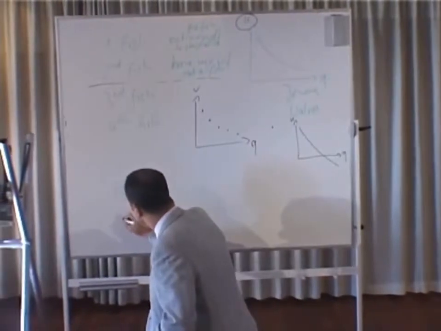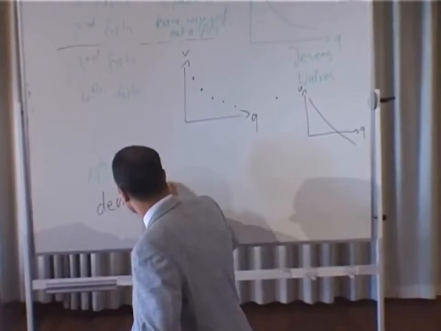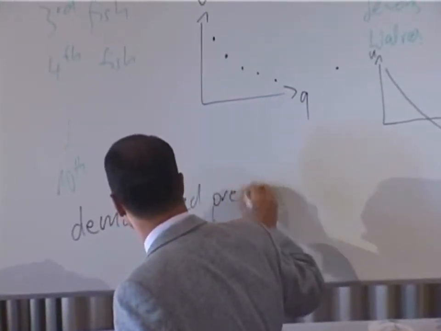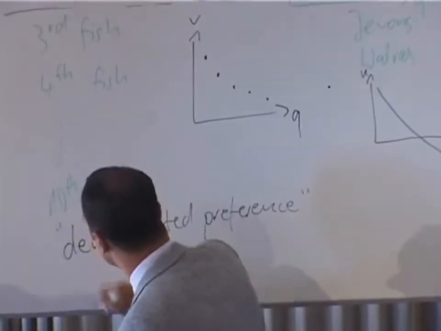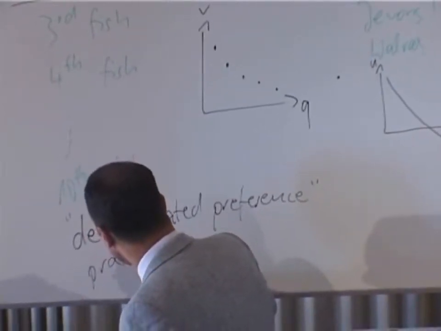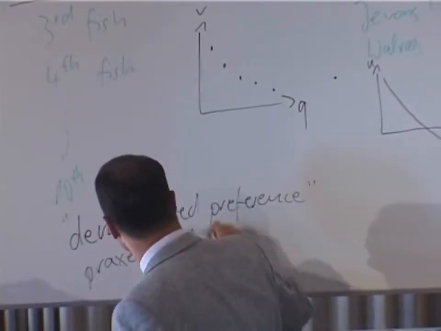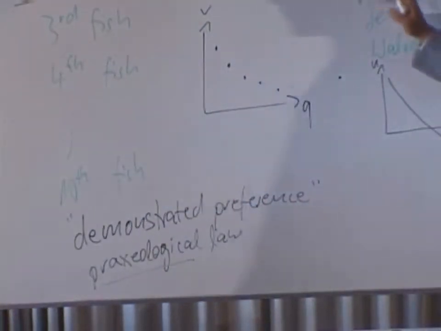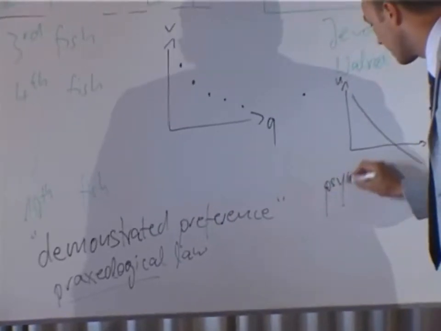So we have here a principle at work that Rothbard has called the principle of demonstrated preference. And we have a praxeological law. Right. Whereas here in the Jevons-Walras account, we have a psychological law.